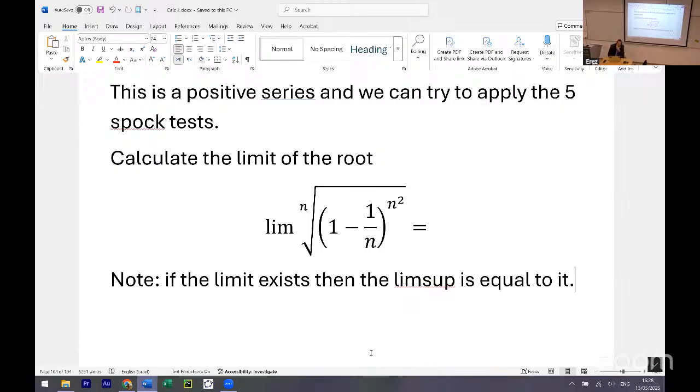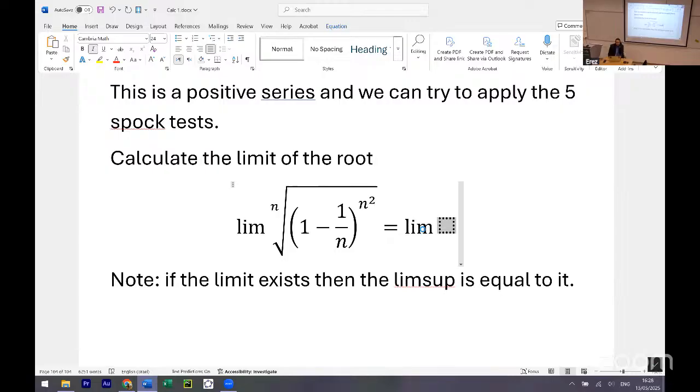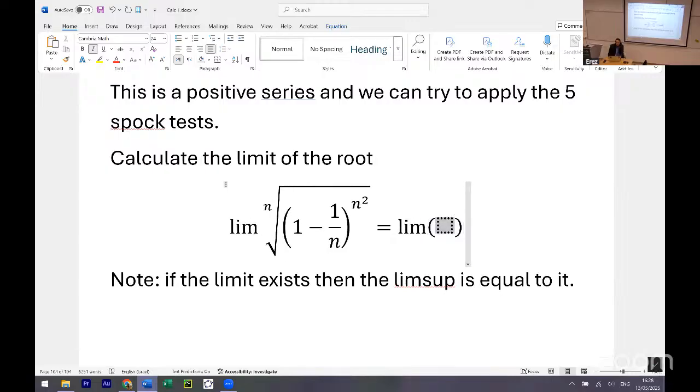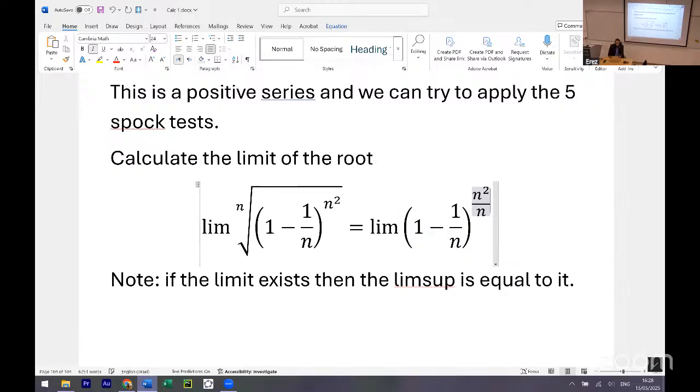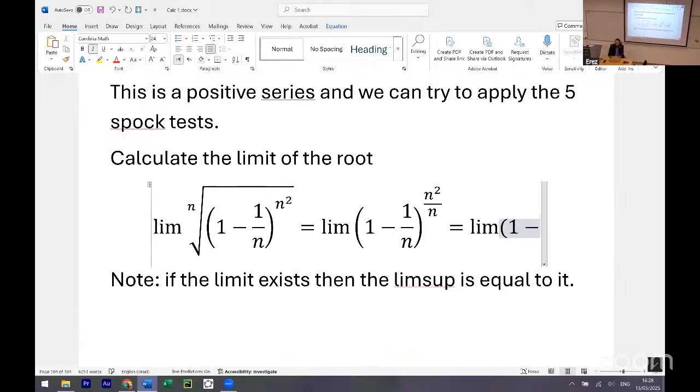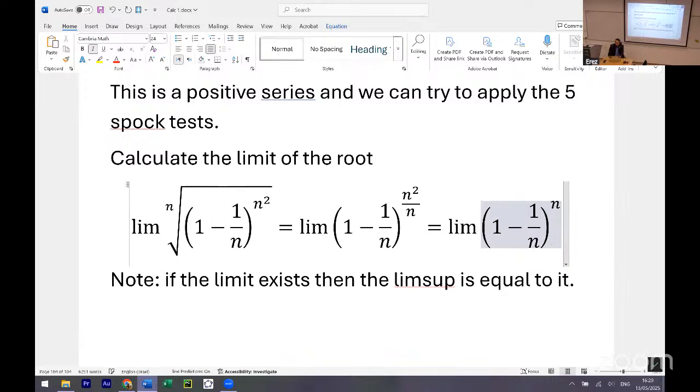If the limit exists, then the lim sup is equal to it. So here we're going to calculate the limit, which is the case in most exercises. What is the n-th root of this expression? It's (1 minus 1 over n) to the power of n squared over n, right? Because the n-th root is the power of 1 over n, which is (1 minus 1 over n) to the power of n.